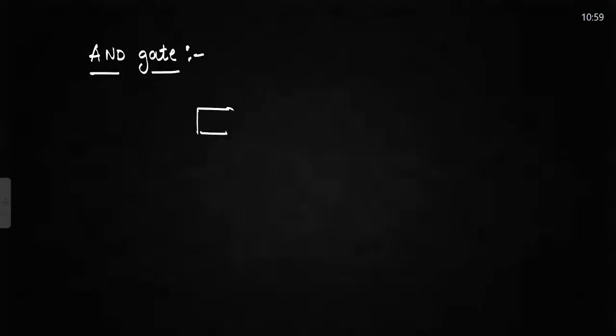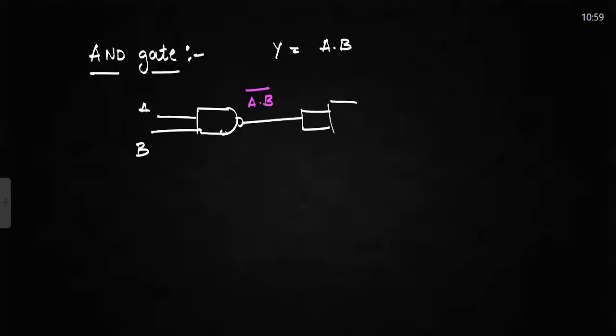I need to get A dot B, so my output is A dot B. I am taking two inputs, A and B. So here my output is (A·B)bar. Now I need to eliminate this NOT. So simply I need to do another NOT operation here in order to eliminate the bar. So I will short the two inputs of a NAND.